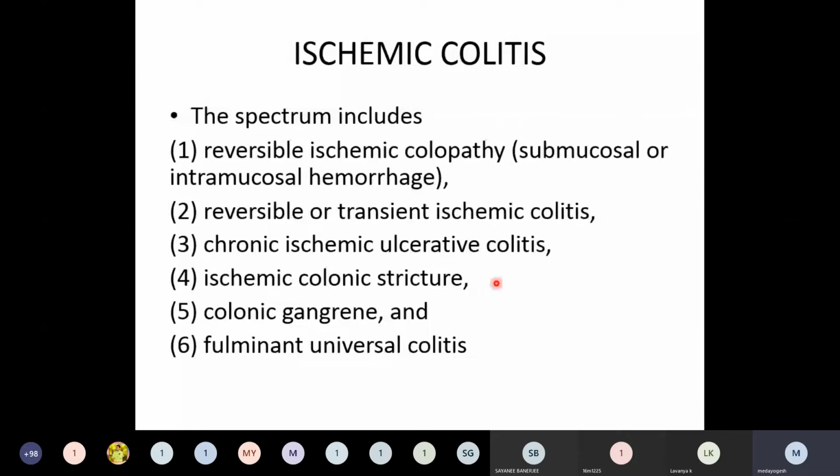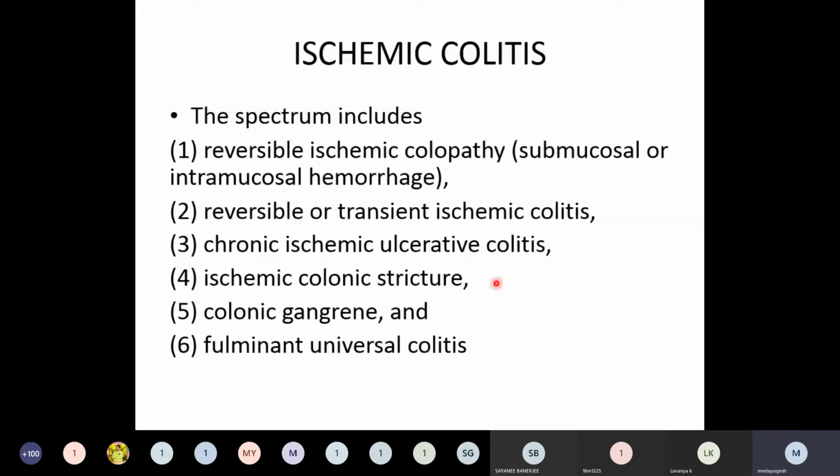So the first one is the reversible ischemic colopathy, which is associated with submucosal or intramucosal hemorrhage. The second one in the list is the reversible or transient ischemic colitis. Then once the duration is a little longer, say 1 or 2 weeks, it will go on to chronic ischemic ulcerative colitis, which has to be differentiated from acute ulcerative colitis, an inflammatory bowel disease.